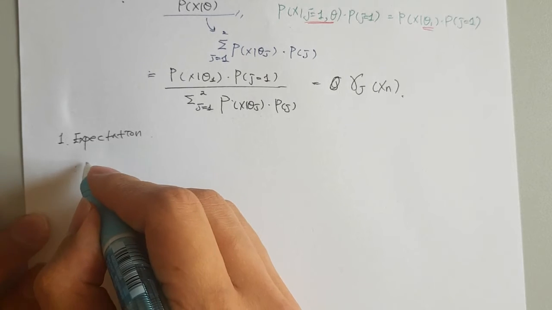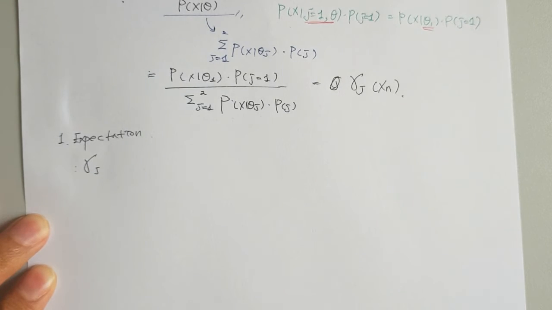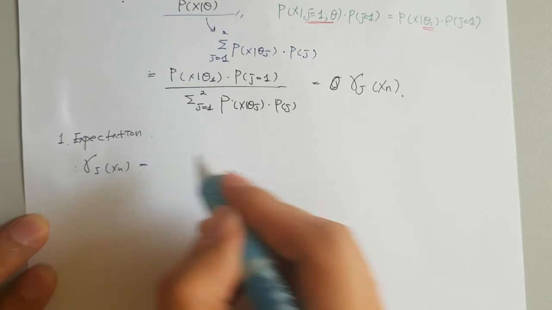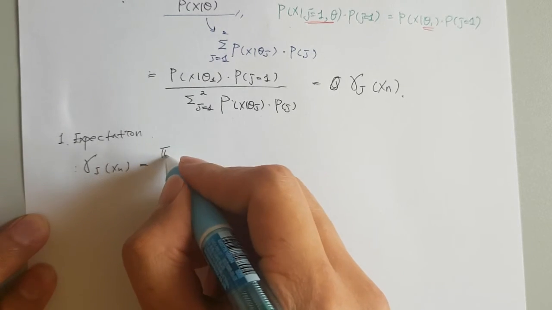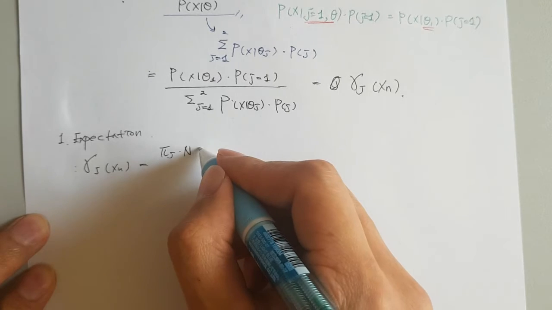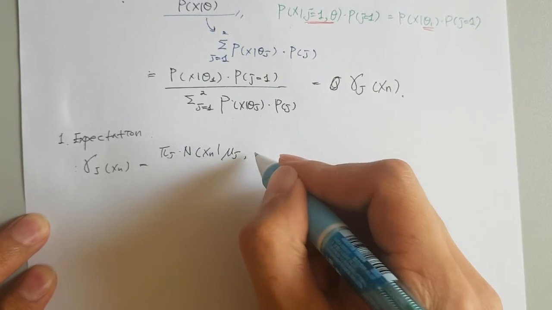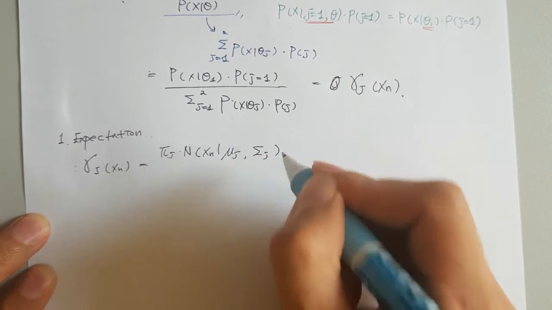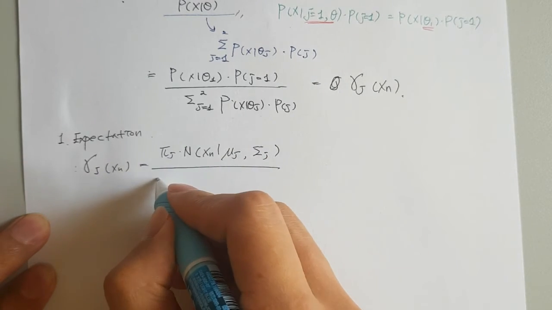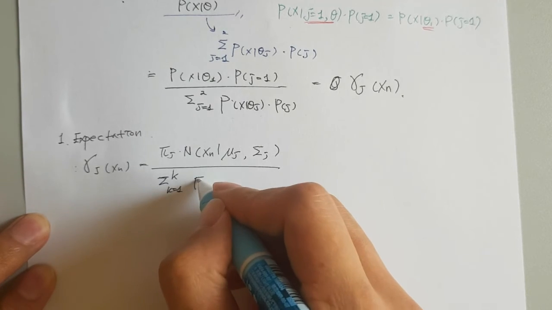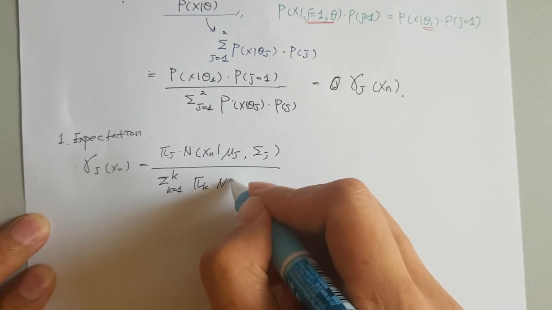So we will calculate the responsibility as we did. Okay, I'm writing this equation so many times. So I think you guys will also be familiar with this equation. Then you guys have already done more than half, I can say that. Pi k, weight and distribution.